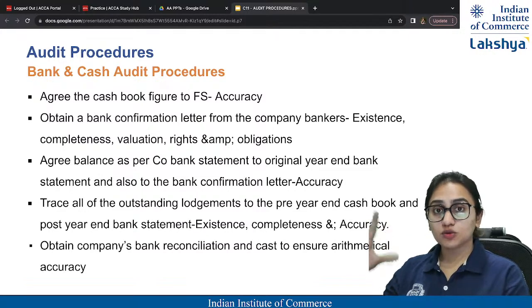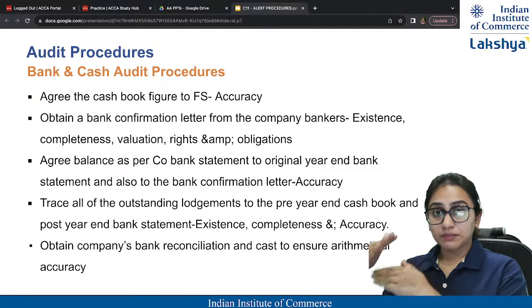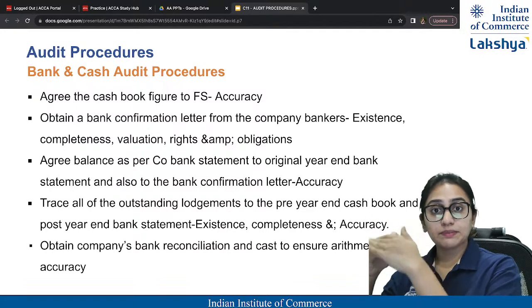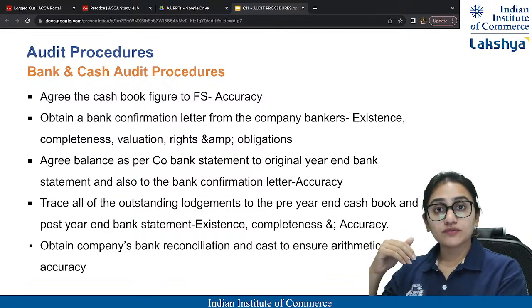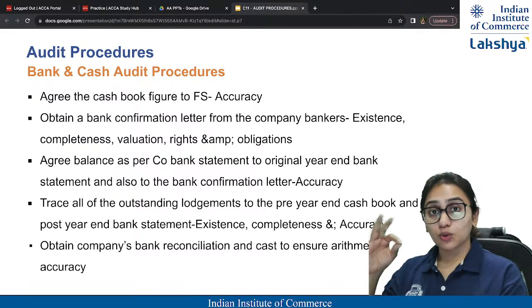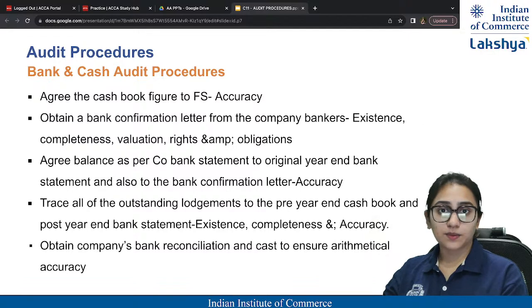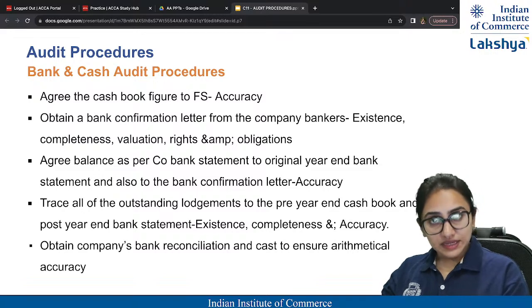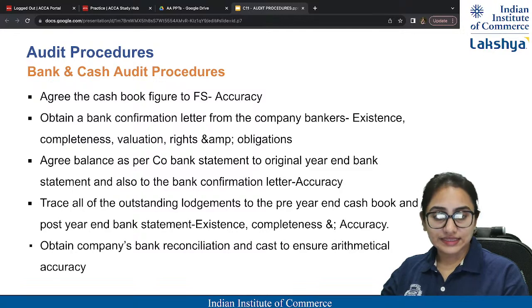Because if you have a loan of 10 years, whatever is payable within 1 year will be a part of current liability, and whatever will be repaid after that will be a part of non-current liabilities. And the auditor always has a doubt that the company has messed up with this. Same as here. A part of it will be last year paid, a part of it will be paid this year, a part of it next year.